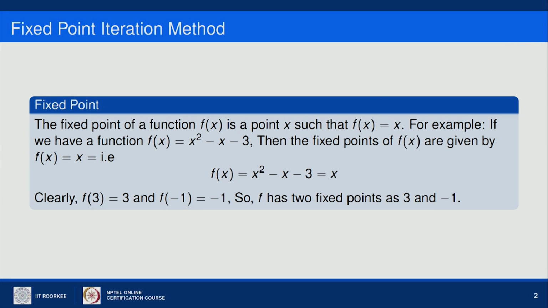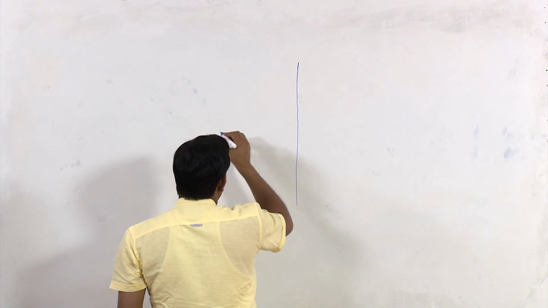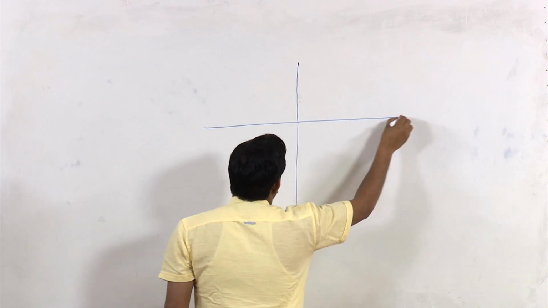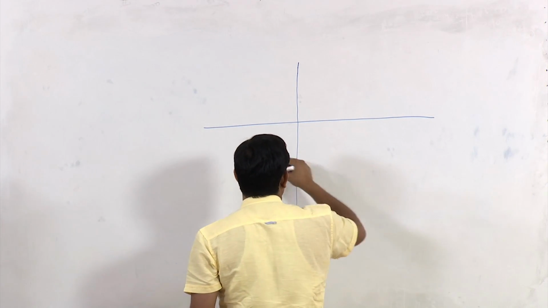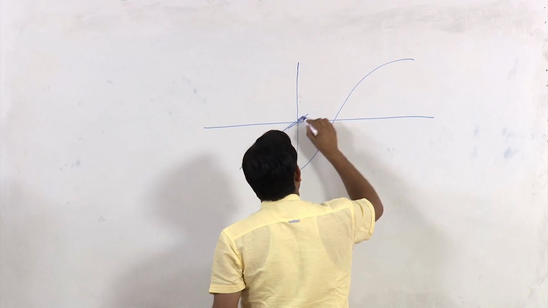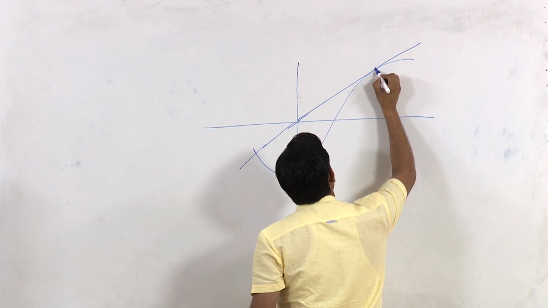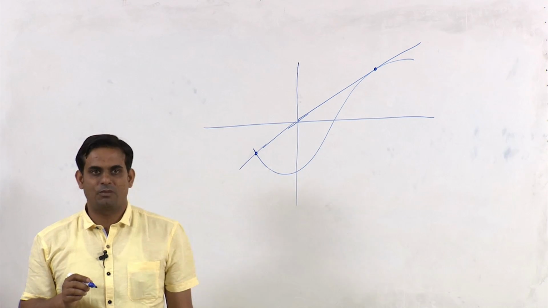In general, the fixed point of a function is given by the intersection of this function with the line y = x. For example, this function has these two fixed points.